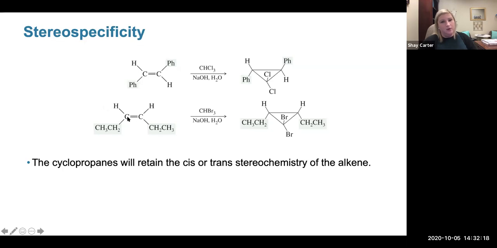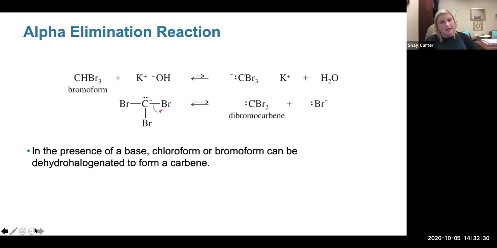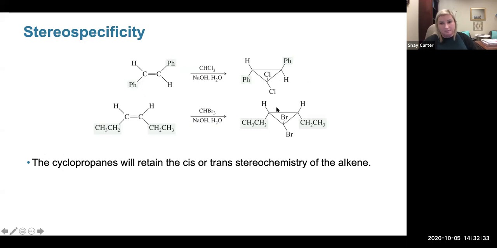Here's an example where we have our alkene that is cis in stereochemistry, and when we do our alpha elimination reaction, we also get a cyclopropane that is cis in stereochemistry. Now notice that we end up with geminal dihalides on our carbon.